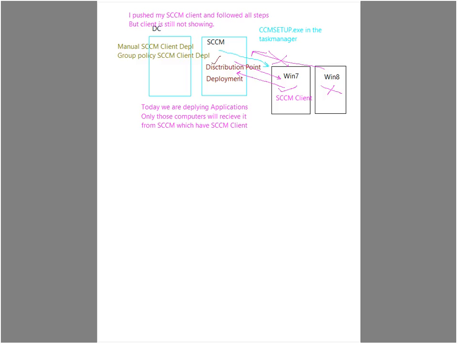It's just sitting there doing nothing until you start the process of deployment. So the distribution point just keeps the software and waits. Deployment makes sure that the software is on the distribution point, and then you can deploy any software. That should be easy, right?